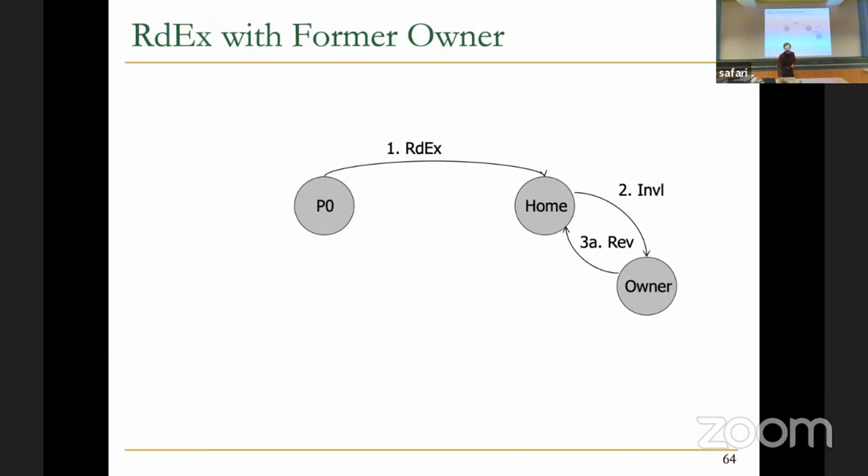That's what rev means in this particular case. The terminology is unfortunately not consistent across many papers, but revision means you send me the revised block. That's one option. Another option could be: send me a message that you've done what you've done, and also send the data to processor 0.